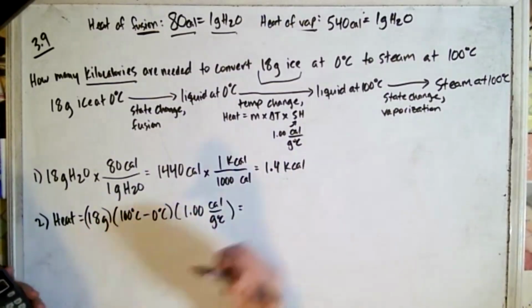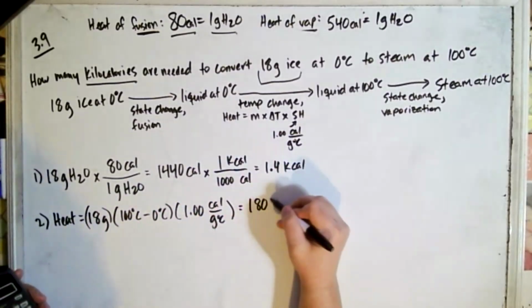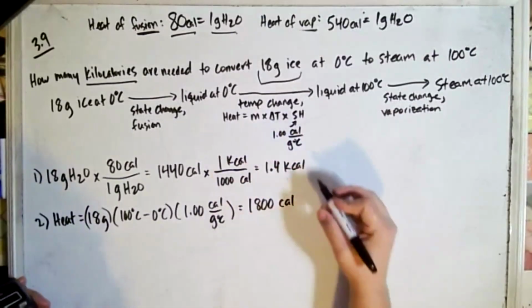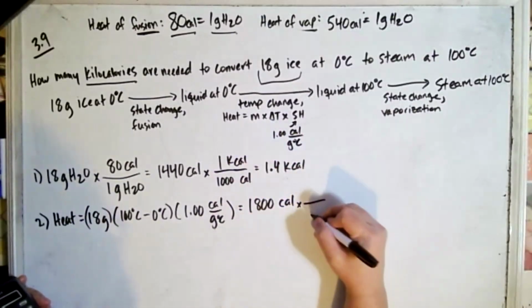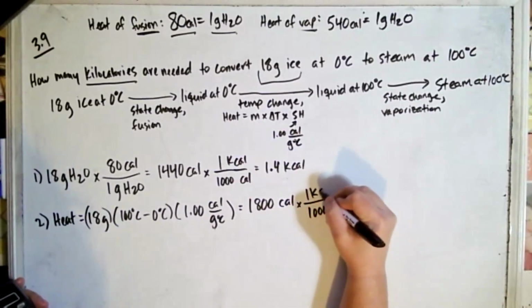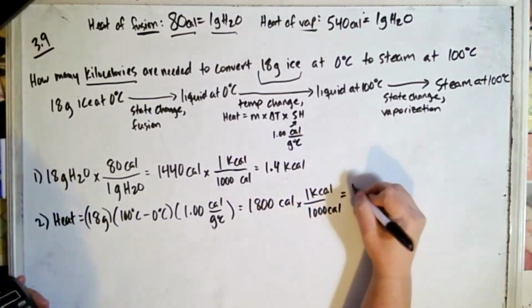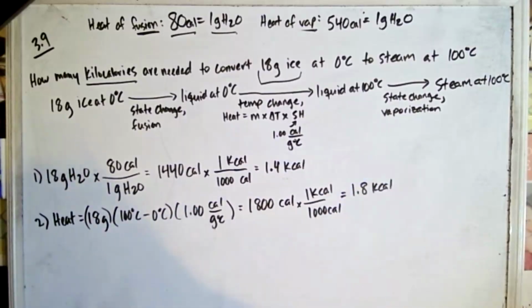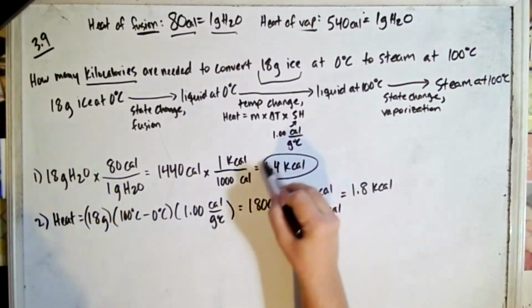I can't believe I just put that in my calculator. So we end up with 1,800 calories. And then we can convert that again into kilocalories because there's 1,000 calories in every 1 kilocalorie. You have 1.8 kilocalories. So that's our second step.